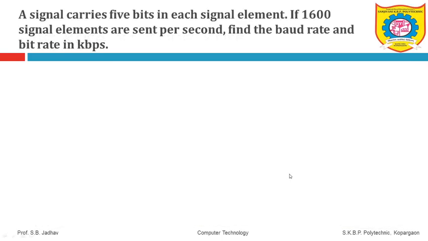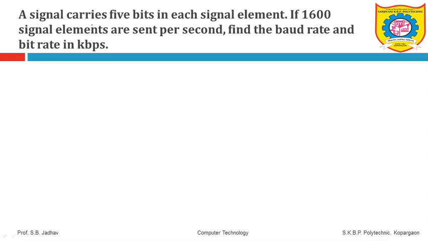Let us take some examples. A signal carries 5 bits in each signal element. If 1600 signal elements are sent per second, find the baud rate and bit rate in terms of kbps. In order to solve this question, we must first understand the given terms.